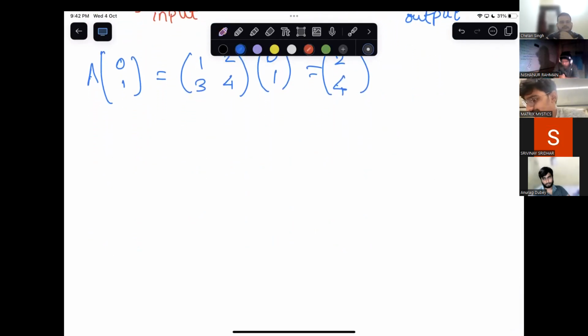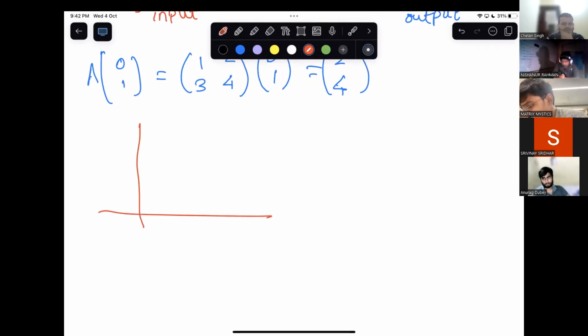Now I'll also represent that on a coordinate axis, just so that we can visualize it properly.